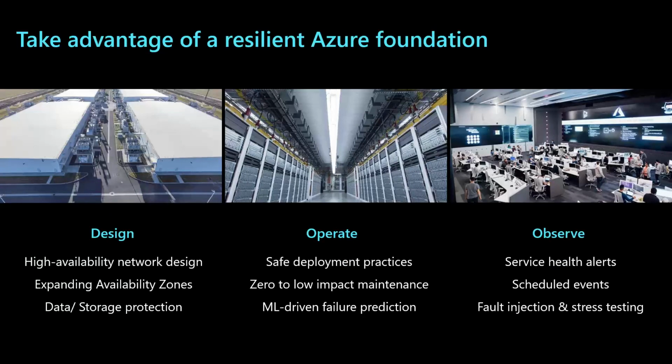All right, so taking advantage of the Resilient Azure Foundation. Here we've got the design and the operation side of Microsoft's investment in Azure, and then Observe. So there are people that are monitoring Azure and looking at service health events.